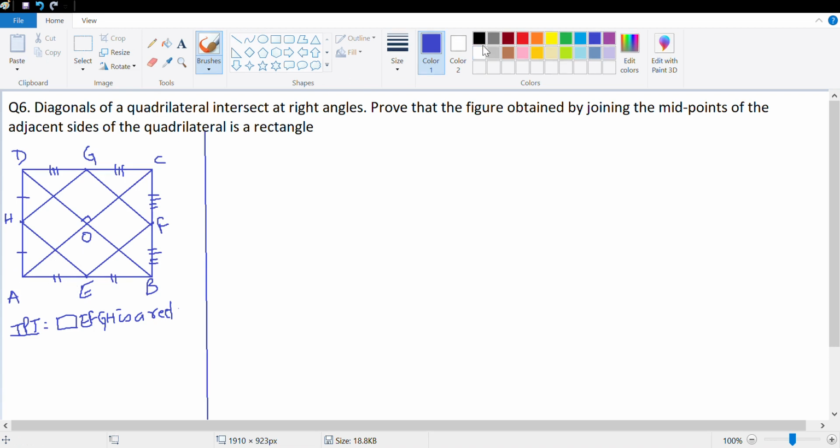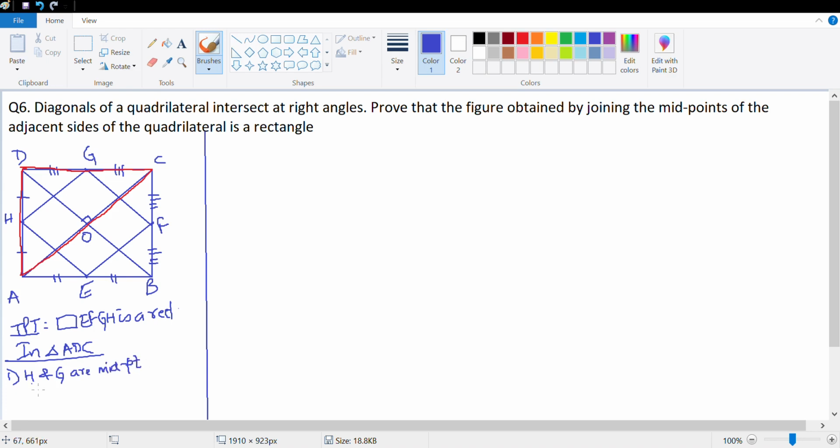Let's look at the first triangle, which will be like the previous time. I look at the triangle formed by the diagonal AC. So let's look at what we can get. In triangle ADC, number 1 is H and G are midpoints.